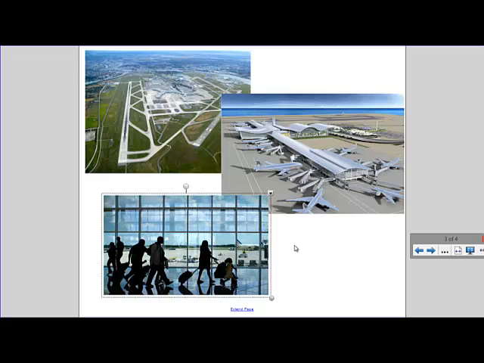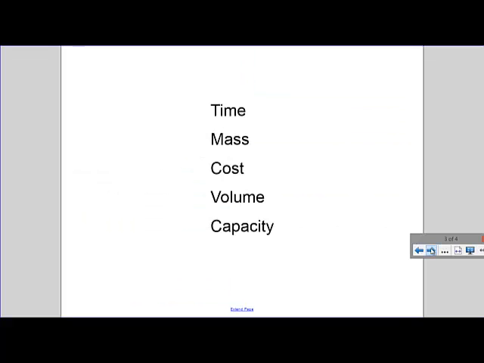In an airport, where would you use measures like time and mass and cost and volume and capacity? Can you think of as many examples as you possibly can of where you might use each one? For instance, time kind of makes sense. How long do you have to wait before you can get on your plane? Is it a couple of hours?